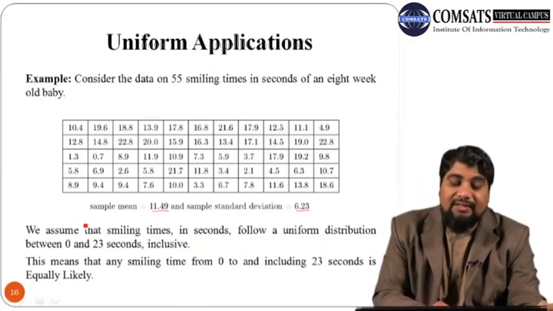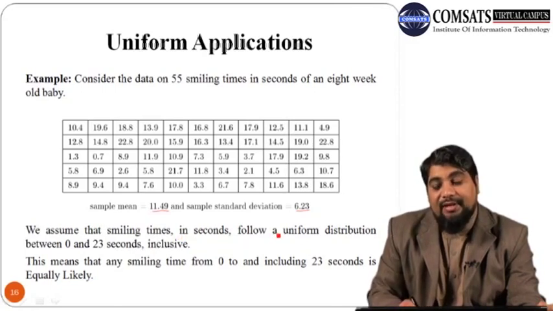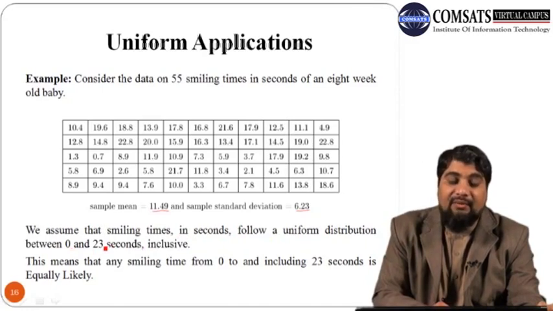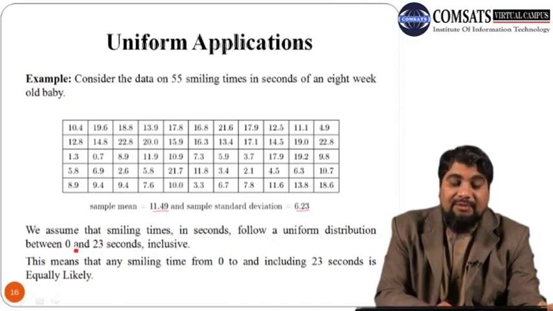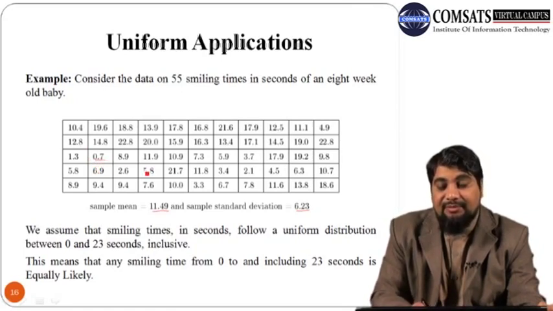So we assume that smiling times in seconds follow a uniform distribution between 0 and 23. Why? Because the minimum number in this range is around 0.7, and the maximum number is 22.8.